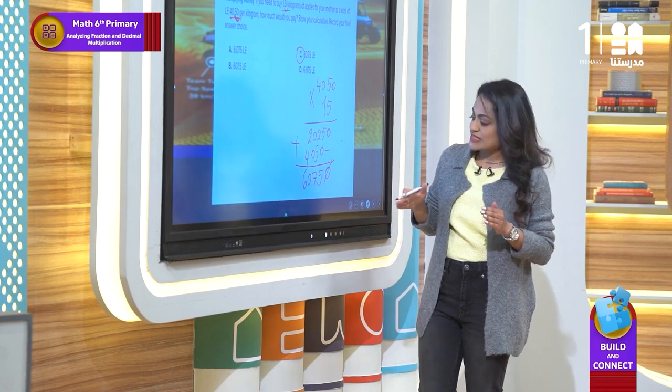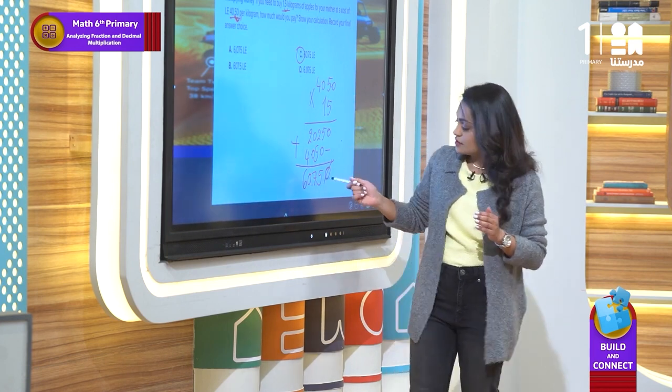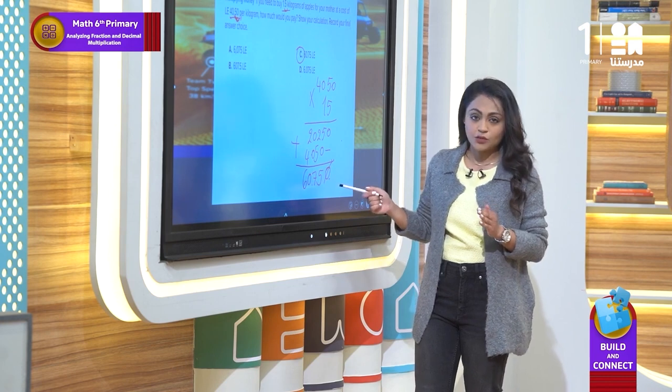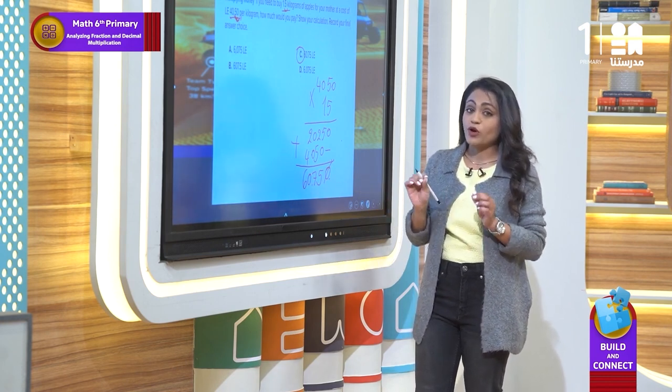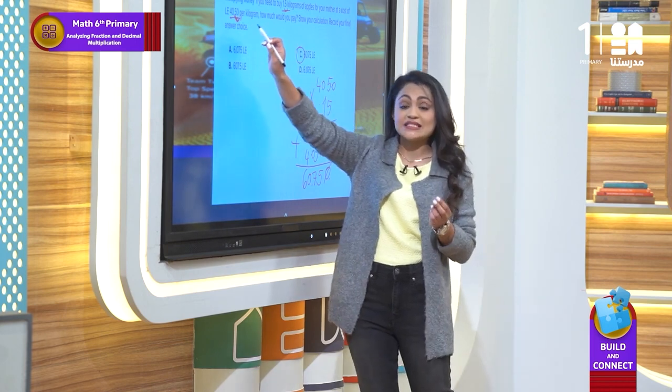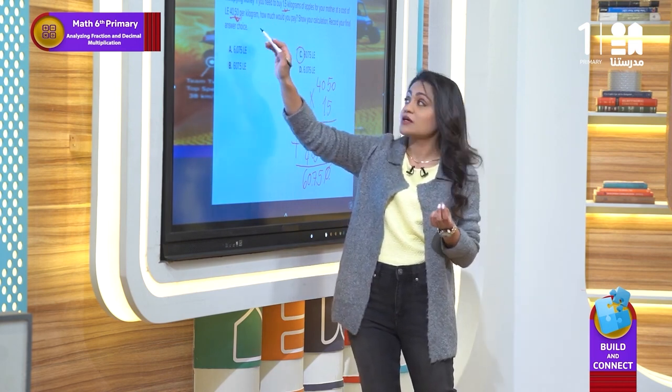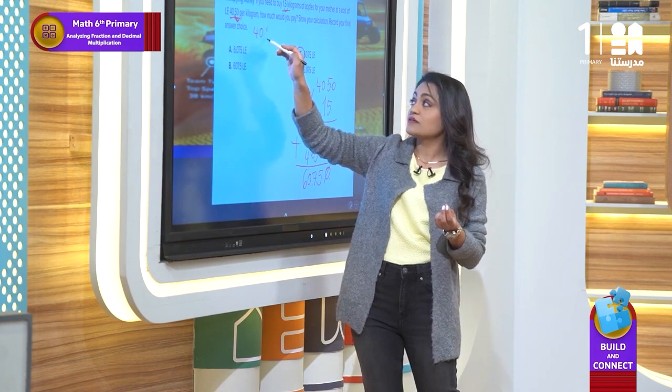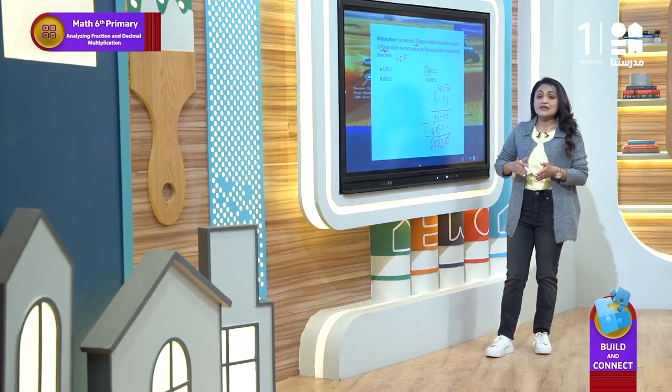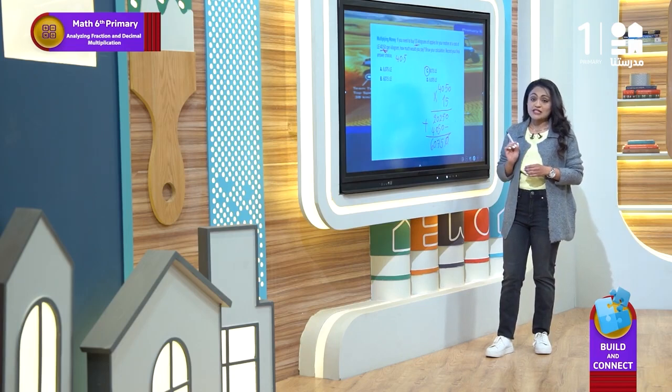So the number 40.50 is the same as 40.5. And this is an important note that we have to take care about when multiplying decimal numbers. Surely the one who chose D is the one who multiplied the factors without placing the decimal point in the product.